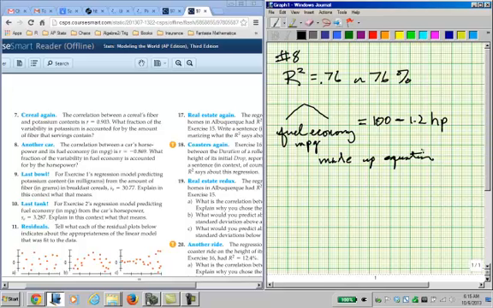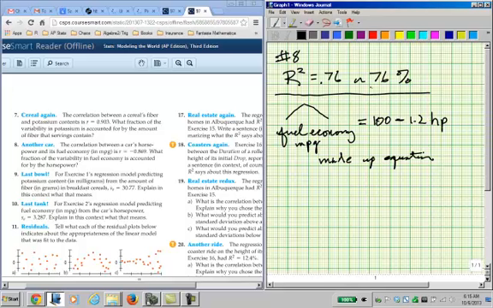Now, what does this mean? Here we have a line of best fit. Here we have a model that attempts to explain fuel economy in terms of horsepower. So one variable is being explained in terms of the other. Now, how much of the change in fuel economy is explained by change in horsepower?